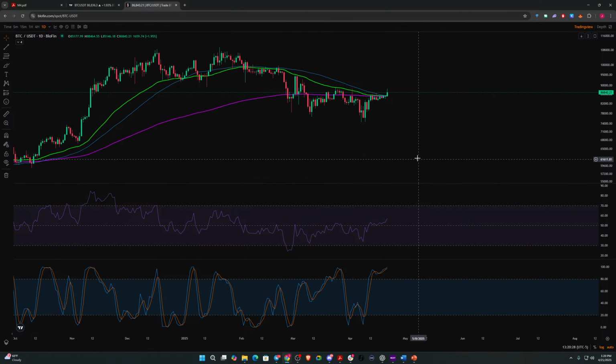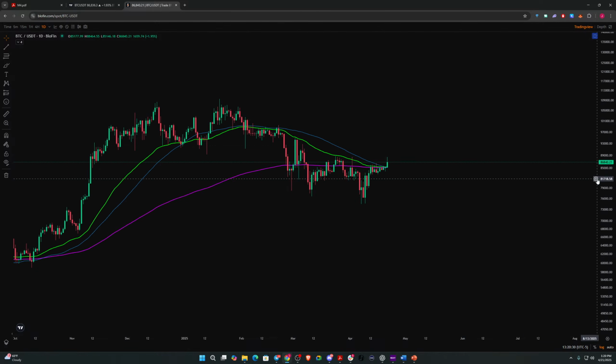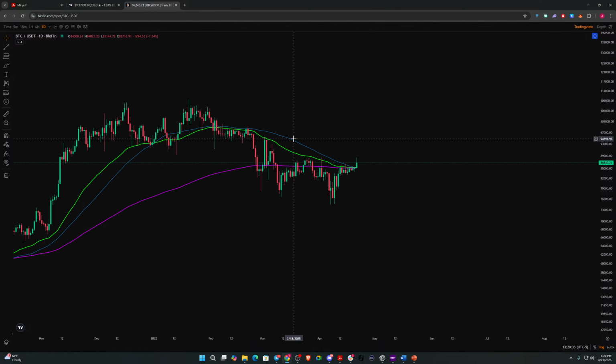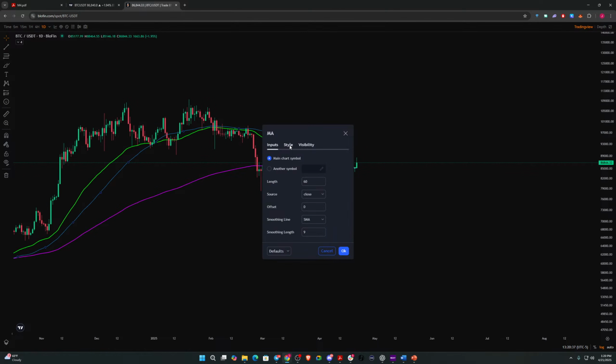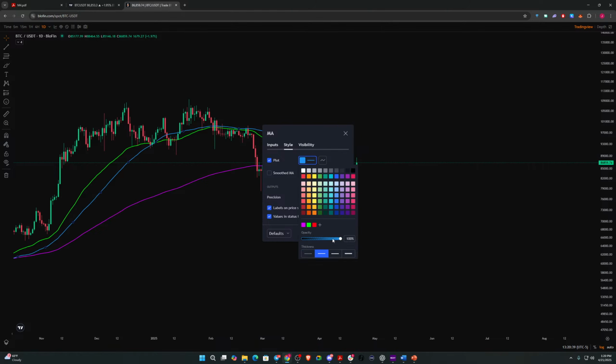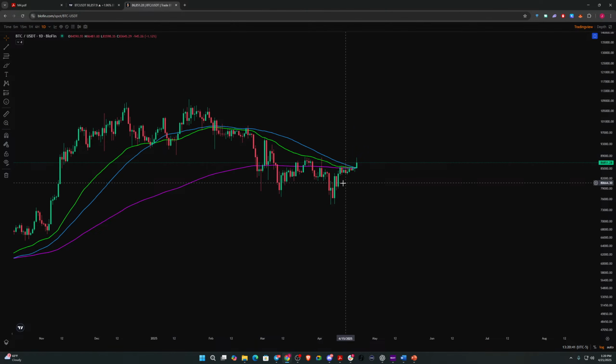So with that said, let's go over the moving averages, because that's something I was covering earlier. I mentioned that I use the SMA and EMA, both on the same chart. Now if we open up here, you can see I have the 60-day simple moving average, the 200-day exponential moving average, which is the purple line, the simple one is the blue line, and then the 50-day exponential moving average, which is the green line.